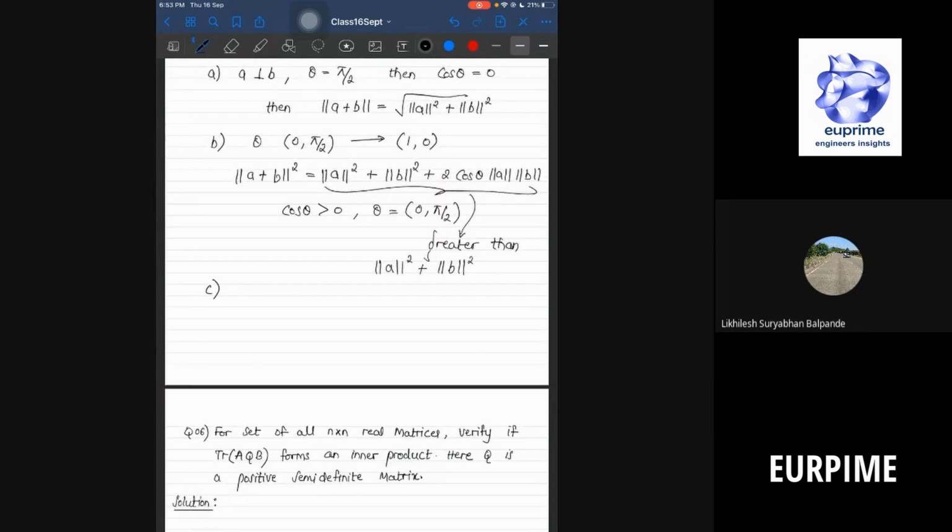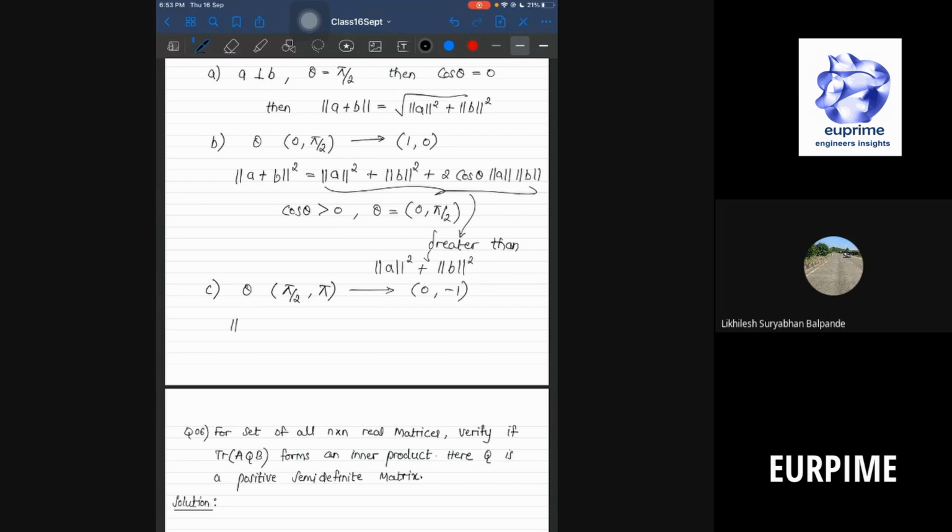Similarly, when a and b are at an obtuse angle, theta will vary between pi by 2 to pi, where cos theta will take values 0 to minus 1.